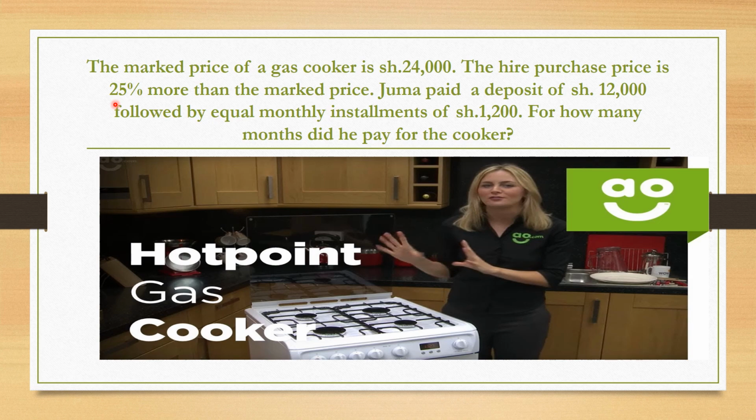It will give us the hire purchase, and then after getting the hire purchase, remember, number of months is equal to hire purchase minus deposit over installment. So I'm just going to divide that to get how many months this person will be paying for the cooker.